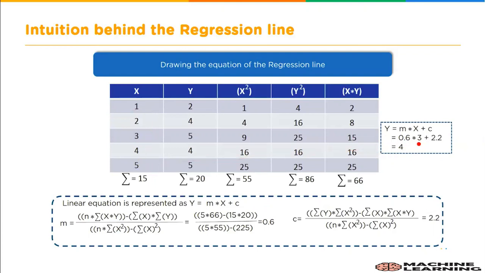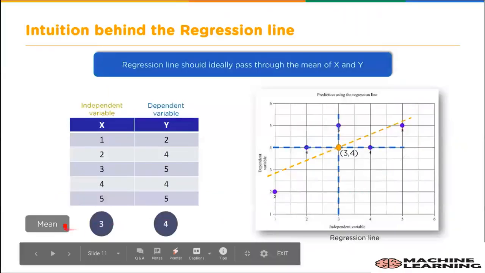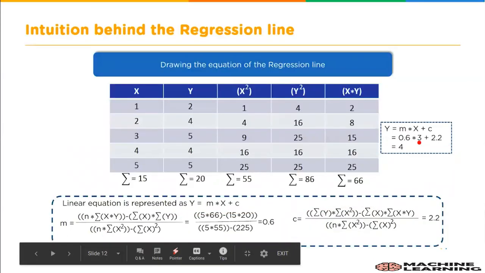Why do they put only 3? Because in the previous slide, the assumption is that our line passes through the mean of x and mean of y. So my equation is completely valid. When you put x equal to 3, you get y equal to 4. Perfect. It means the validity of the equation is good, the slope is perfect, and the intercept is perfect.